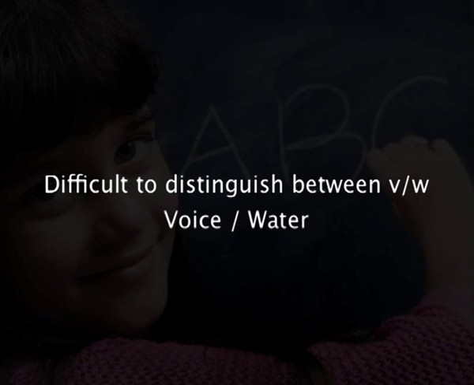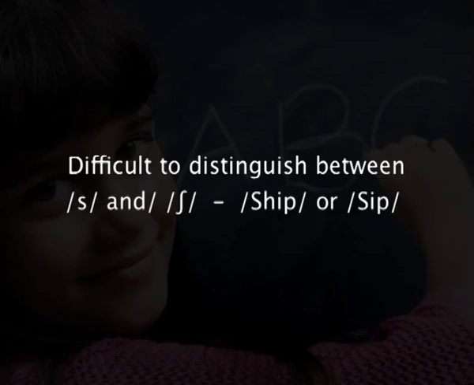Difficulty in distinguishing between the sound w in voice and w in water. They look very similar. So, there is difficulty in distinguishing between these two sounds, and difficulty to distinguish between s and sh.